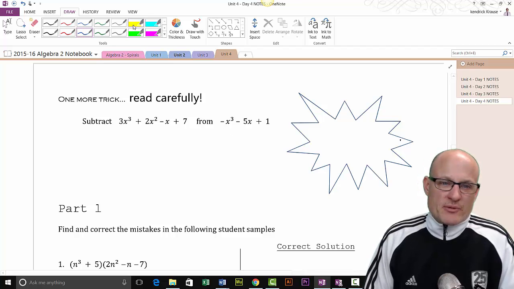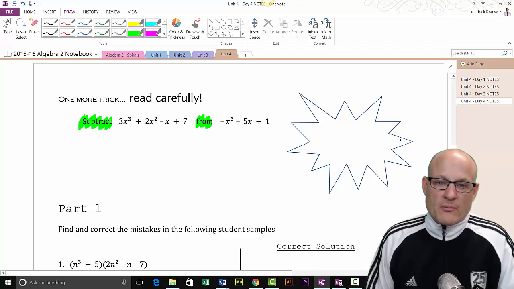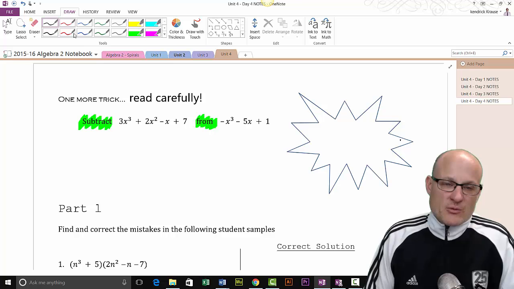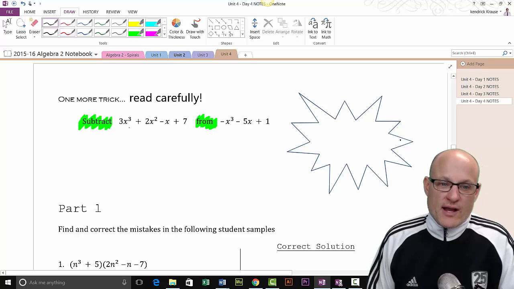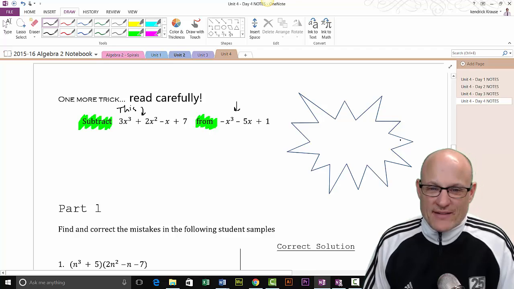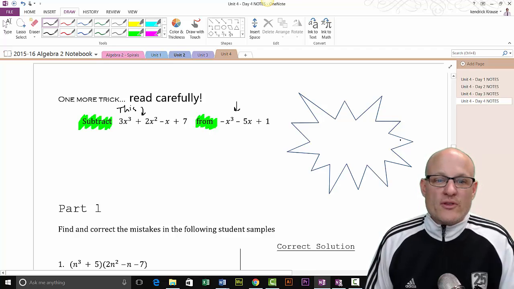This is just something you got to be careful of. It's the subtracted from thing. Basically what they're doing is tricking you. They're saying subtract this here from this here. So basically what you have is it backwards. So this here is the thing that's being subtracted.